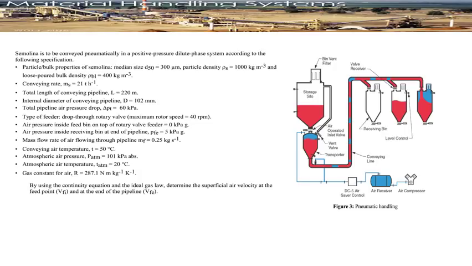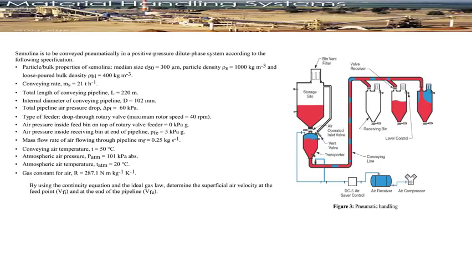Now the case we are going to have in the example I showed you in the class is 16 ton per hour. The total length of the conveying pipeline is 220 meter. The internal diameter of the conveying pipe is 102 millimeters. The total pipeline air pressure drop, delta P, is equal to 60 kilopascal. The type of the feeder is a drop through rotary valve, with a maximum rotor speed of 40 rpm.